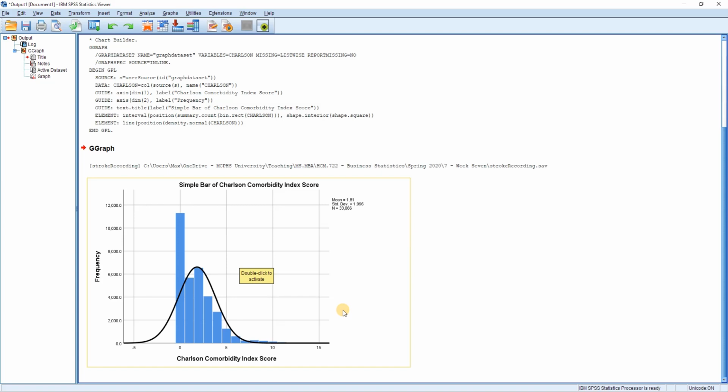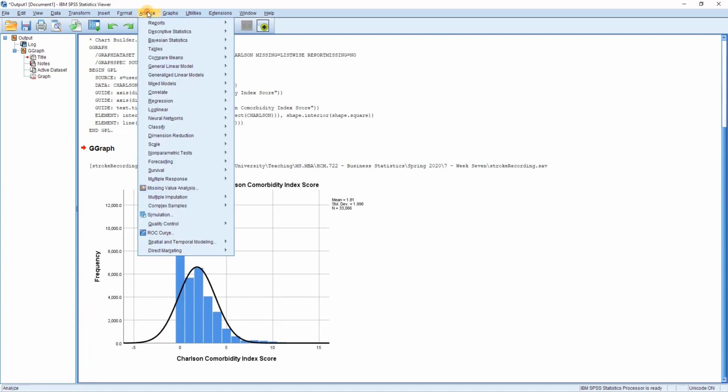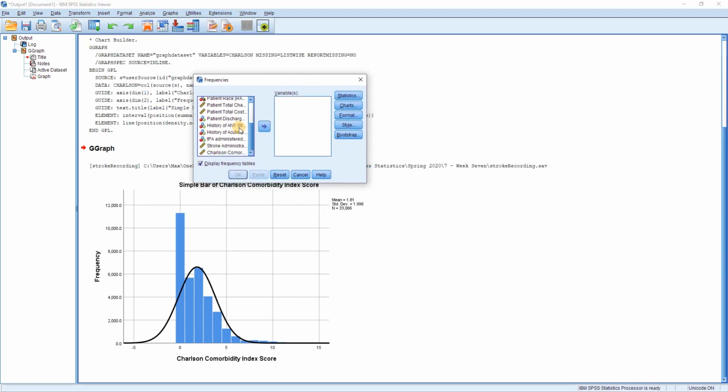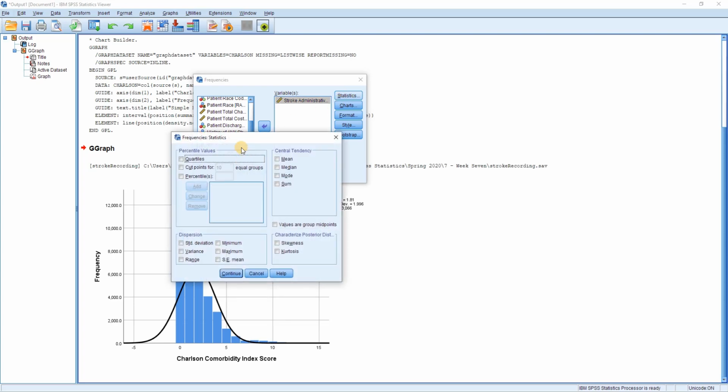So if I wanted to determine the skewness and kurtosis of a variable, I will choose Analyze, Descriptive Statistics, and then use my Frequencies here. What I'm going to do is take my SASE variable and then make sure that I select skewness and kurtosis here.